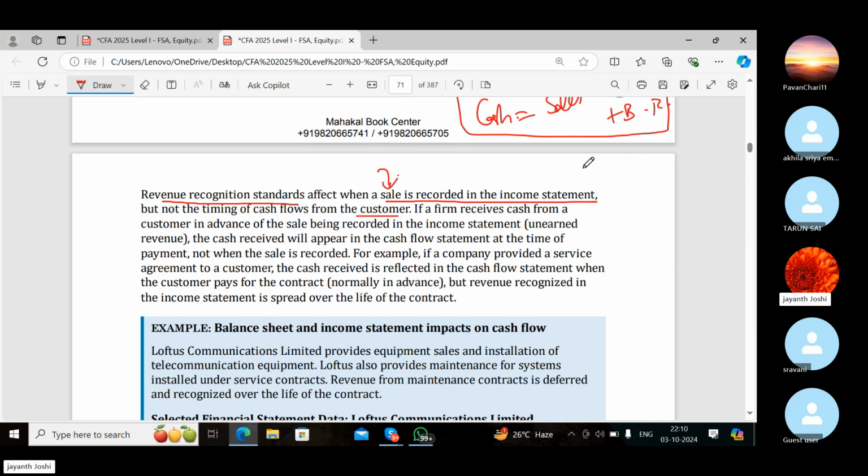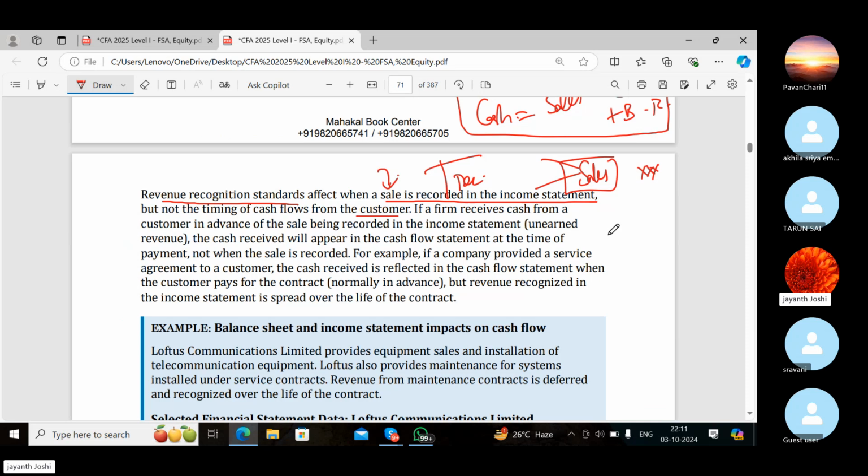When you write the sales amount in your income statement, you don't show them as cash or credit. You just write the sales. That's the reason timing of cash flows from the customer doesn't matter. If the cash is not collected, it is credit sales, and you should show that credit sales in the balance sheet as receivables.